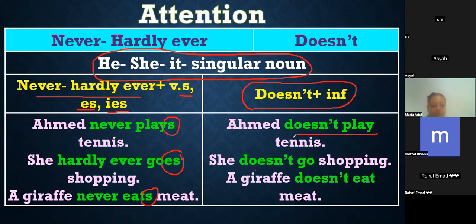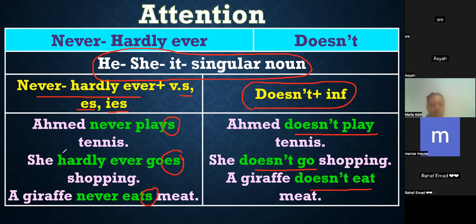She doesn't go shopping. A giraffe doesn't eat. So here is the tricky point that you have to pay attention to: when you make a sentence negative with never or hardly ever, keep the s, es and ies.